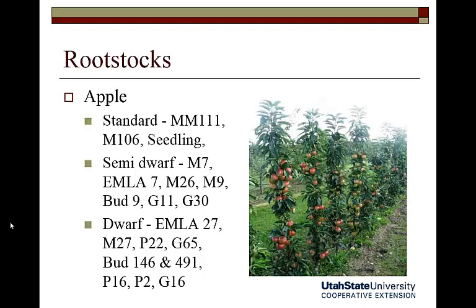Take the chart. Semi-dwarf, they might have something like an M7, MM7, M26, M9, Bud9, G11, G30. And finally, we have the dwarf stuff right here. I have the box around dwarf because most of our dwarf rootstock material is brittle.